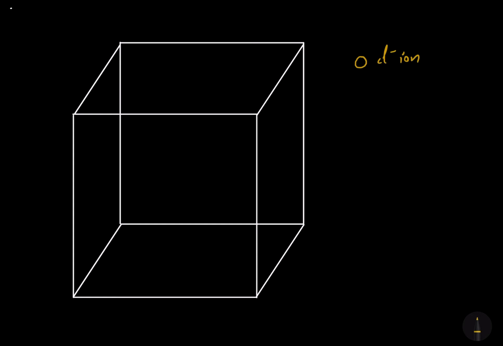So where is the chloride ion present? At the corners of this cube, the chloride ions are present. So I am marking the first position: Cl negative ions are present at the corners of the cube.